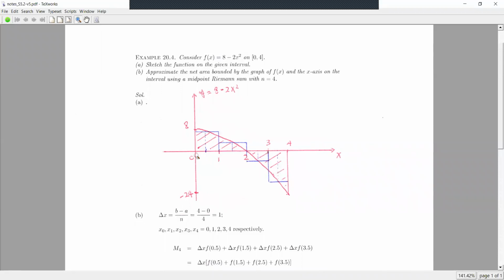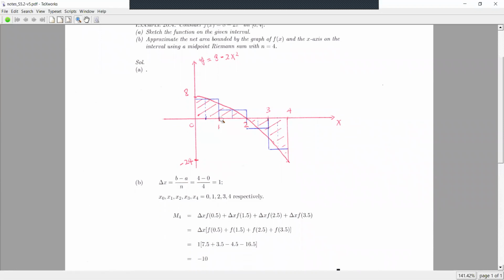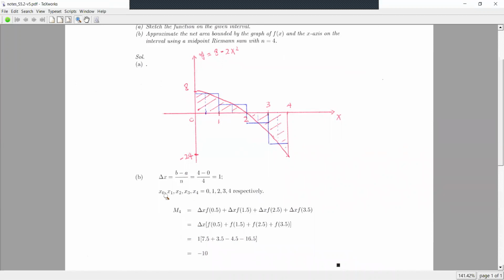First, we cut the interval 0 to 4 into 4 subintervals, evenly cut. The length of each subinterval is delta x. By formula, it is (b minus a) over n. Now b is 4, a is 0, and n is 4. So delta x is 1, and the length of each subinterval is 1. For the cutting points, x0 is always the left endpoint of the interval.